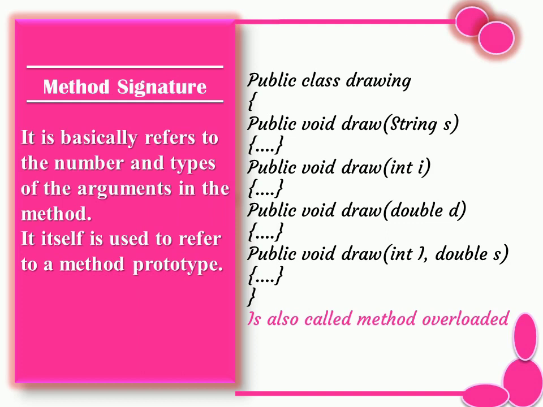But look at the parameters over there. We have different parameters. It will work and it will execute the necessary output. But the same name is doing a different action. So this is also called method overloading.